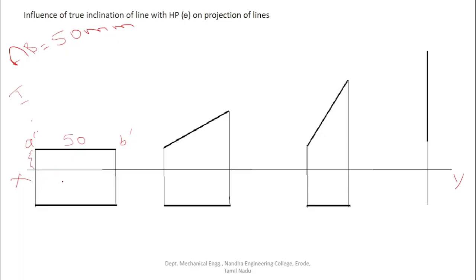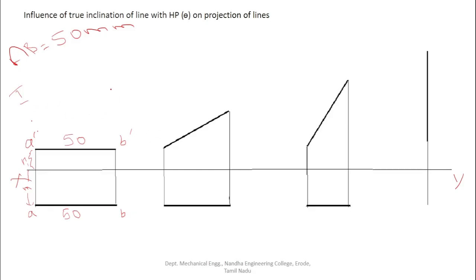When we discuss anything in the top view, the XY line should be taken as the VP. Here the line is parallel to HP also. This is the top view of point A, this is the top view of point B, and the line AB is some distance, for example M, in front of VP. The line is N distance above HP. As the line is parallel to HP, the top view is also the same 50 mm. So this is case 1.